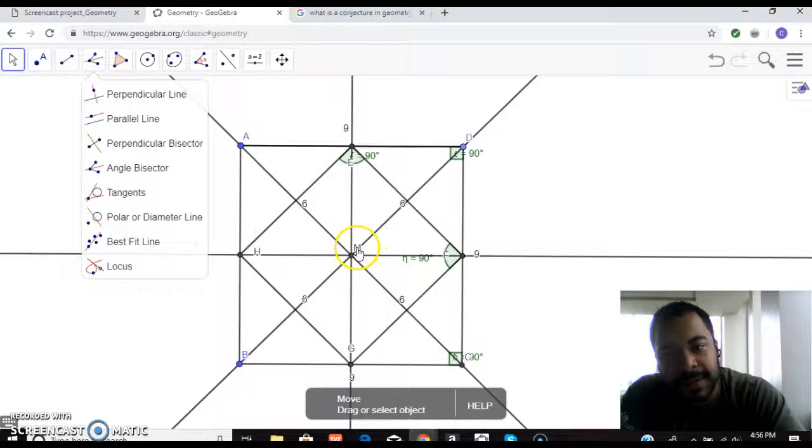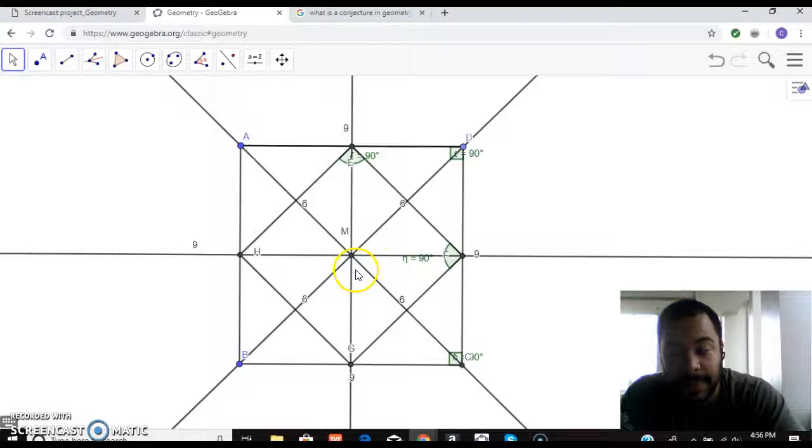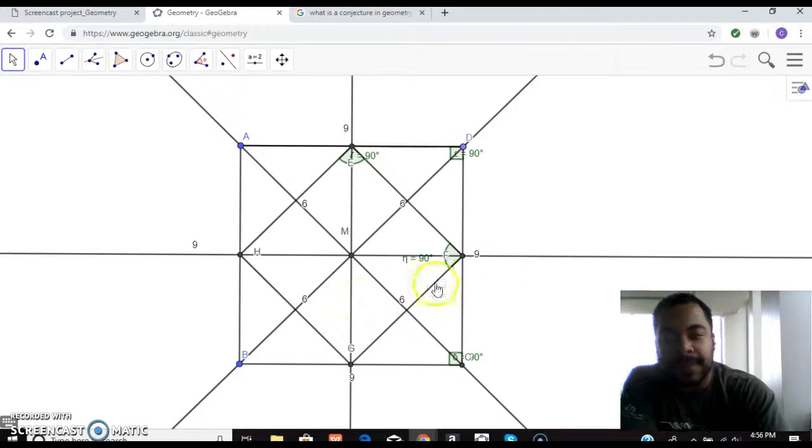It does look like they share the same point M, maybe the midpoint or centroid. Okay, so quadrilateral ABCD and quadrilateral EFGH share the same centroid. And that makes sense, because if the inscribed quadrilateral is made through the midpoints of the exterior quadrilateral, then they should have the same center of gravity right here.